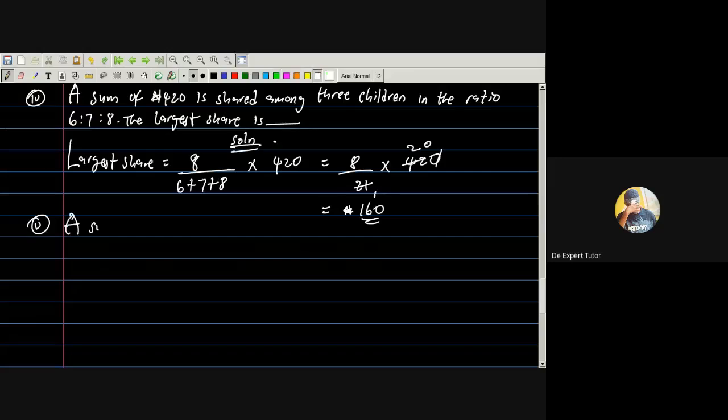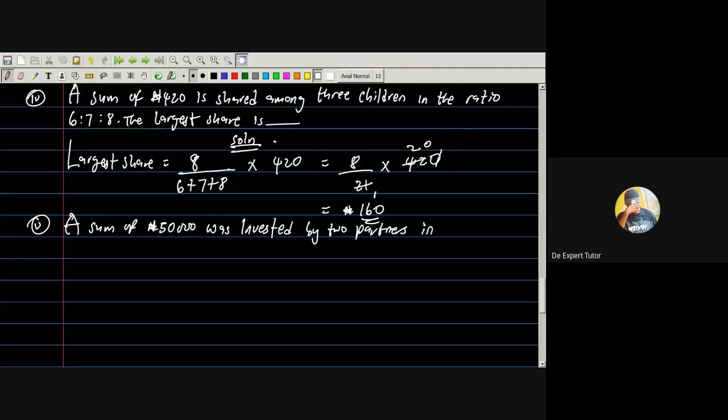Oh yeah, look at this. A sum of 50,000 naira was invested by 2 partners in a project, which yielded 90K.